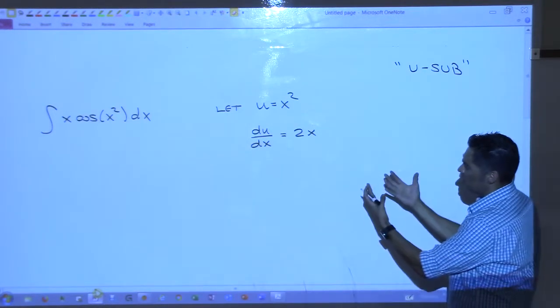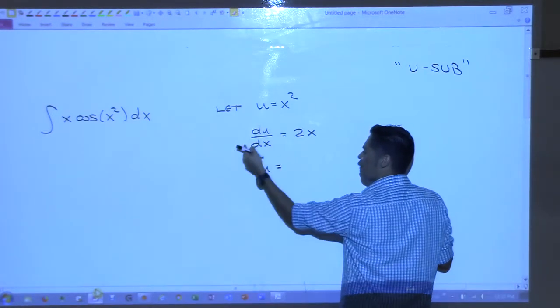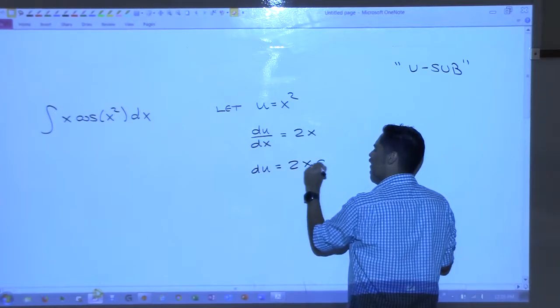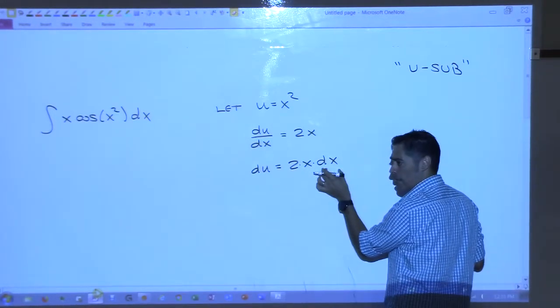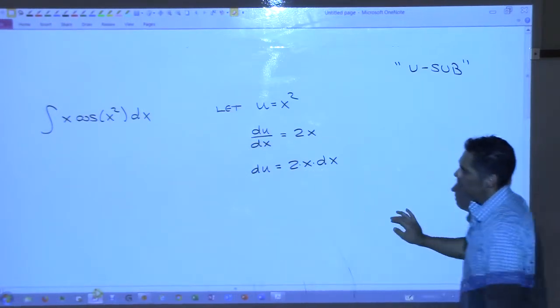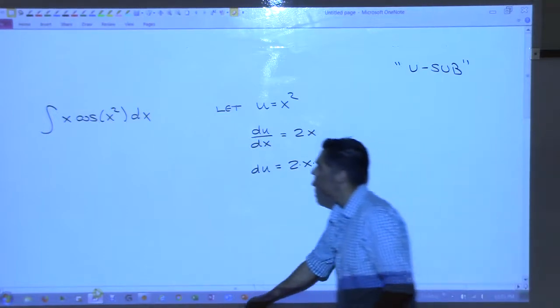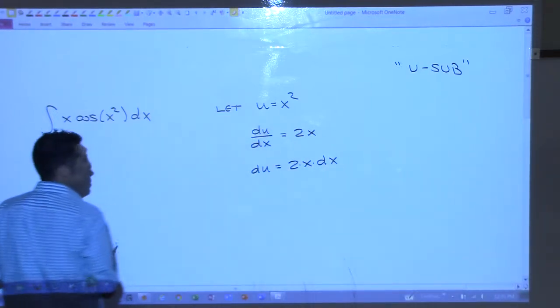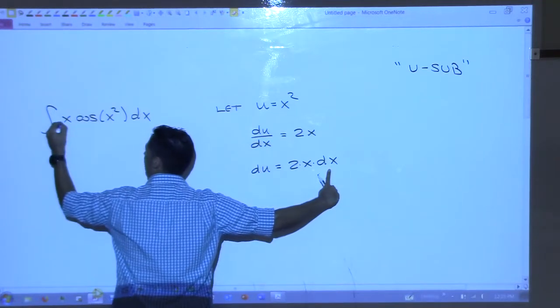The next thing I'm going to do is isolate du. I'm going to put du, multiply both sides by dx, and I get 2x dx. So this is 2 times x times dx multiplied here, right? Now I'm going to play a game. I'm going to go back over to my integrand over here and see, do I have this somewhere? Well, do you see the x?